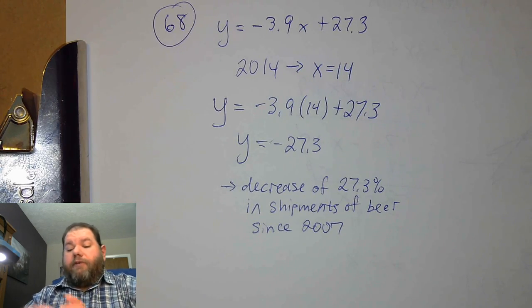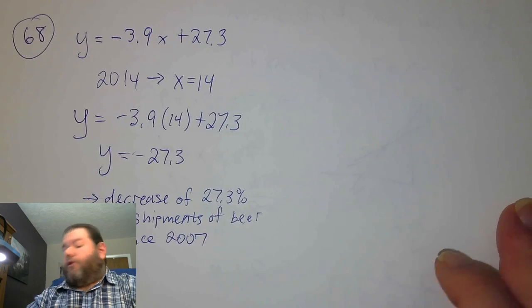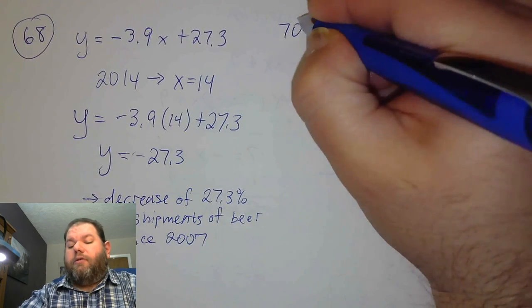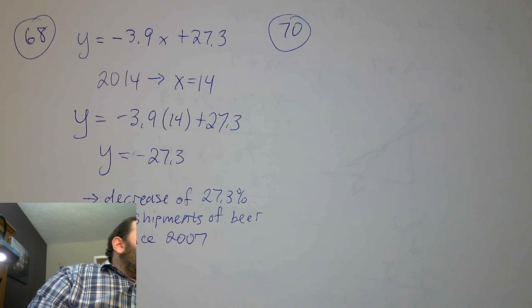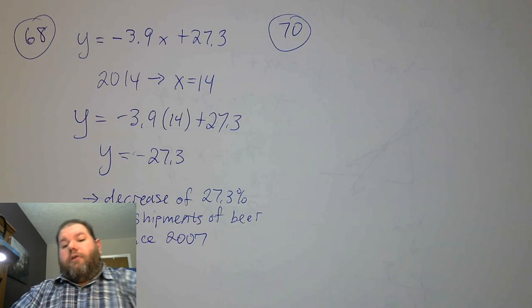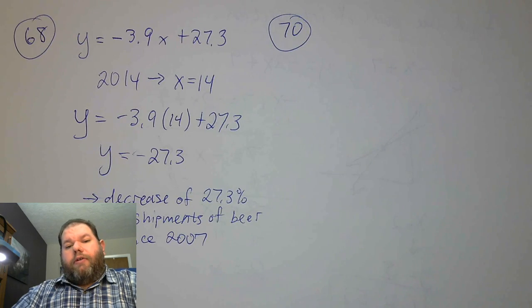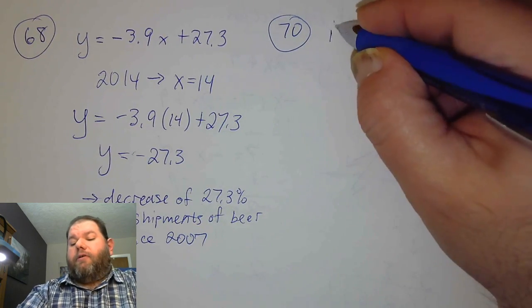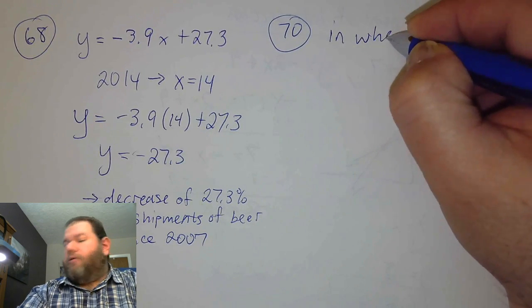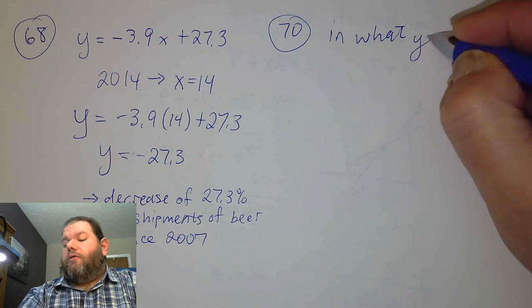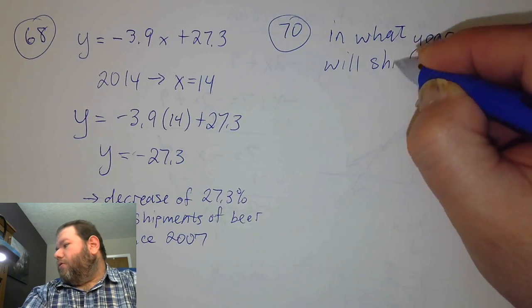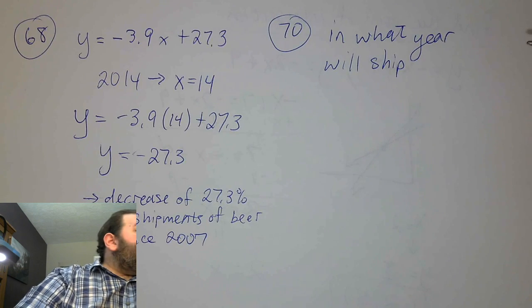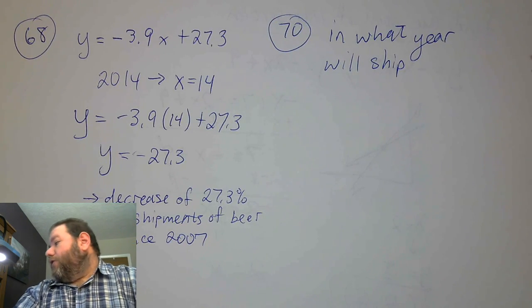Alright, now problem 70 references the same question. And it wants to know in what year will the shipments be down 40% since 2007.